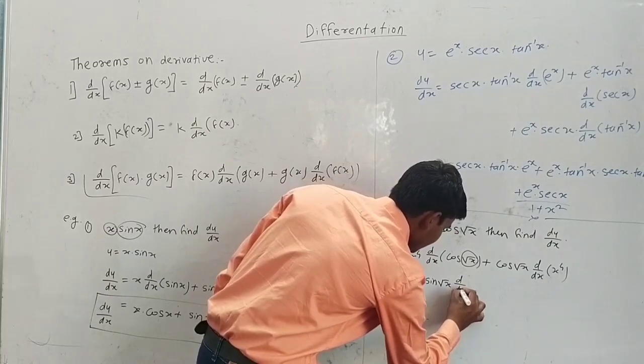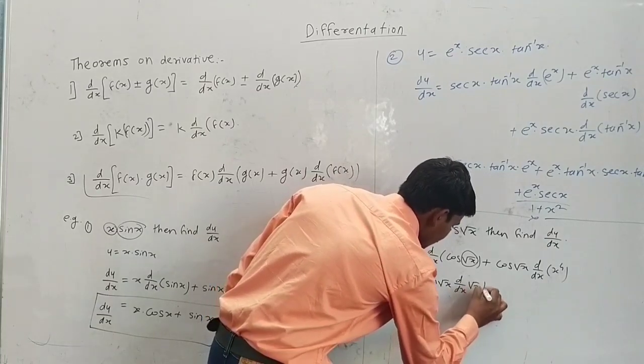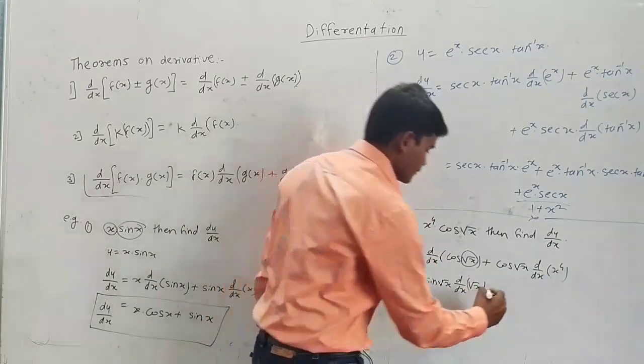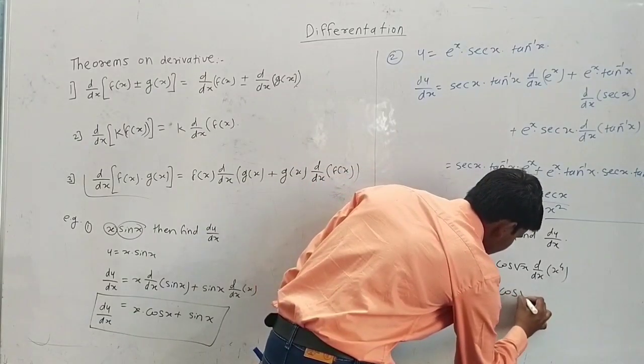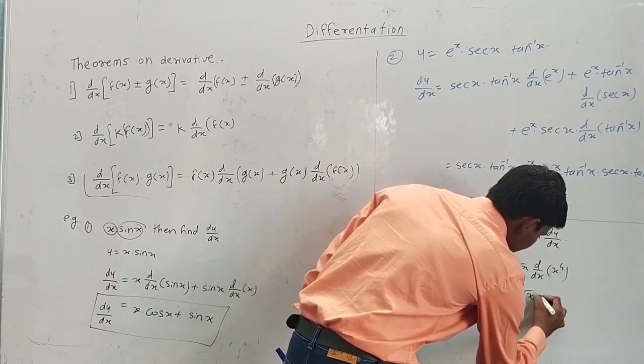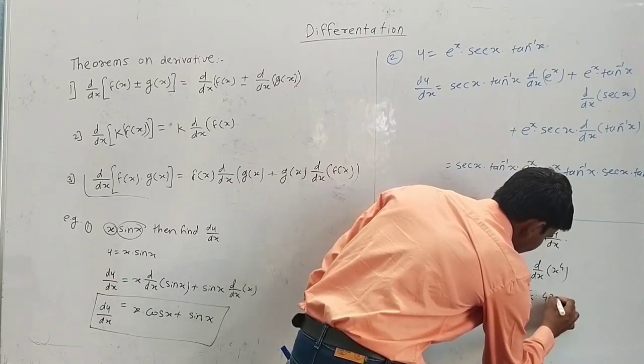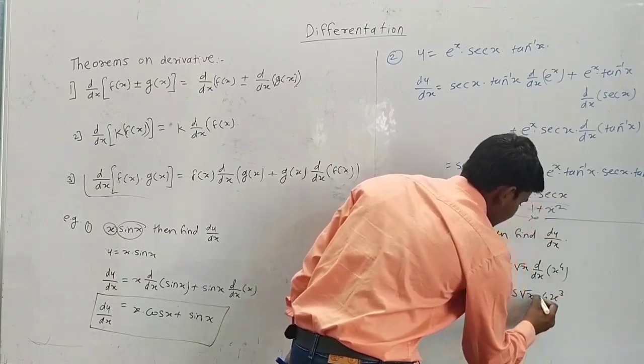In multiplication, derivative of root x, plus cos root x into 4x raised to 3.